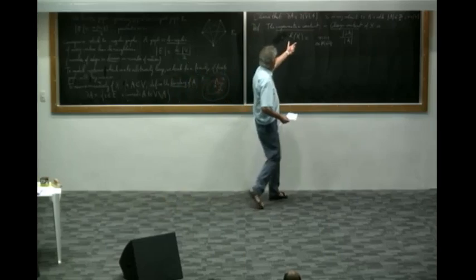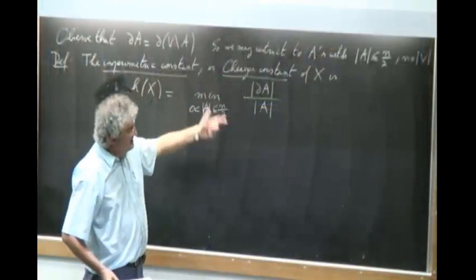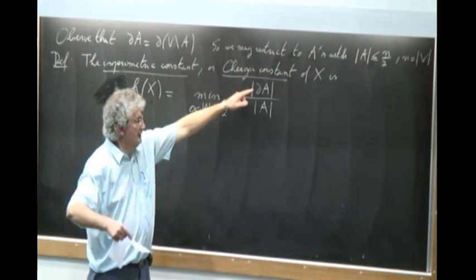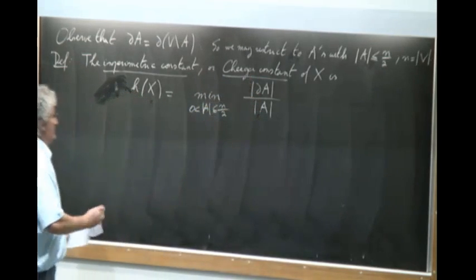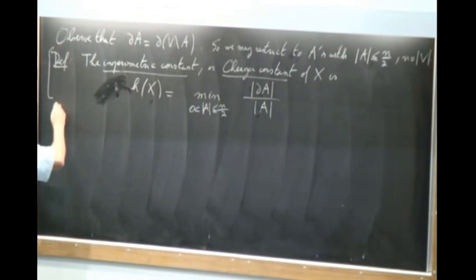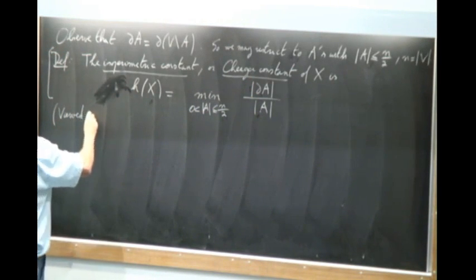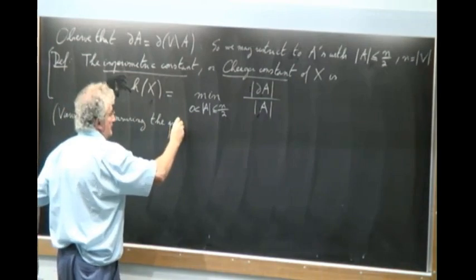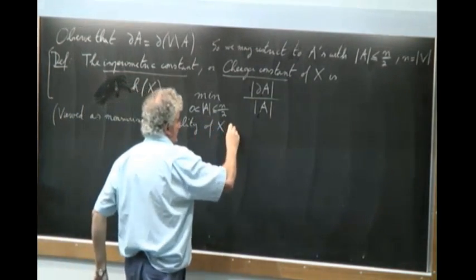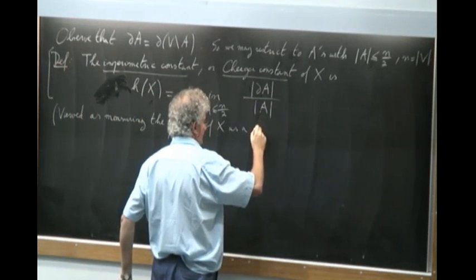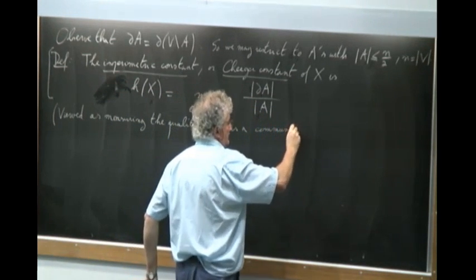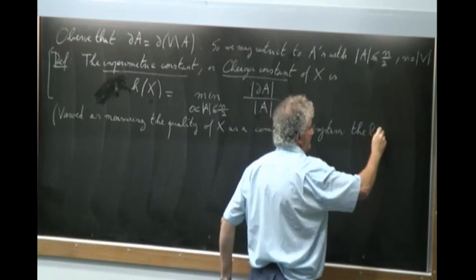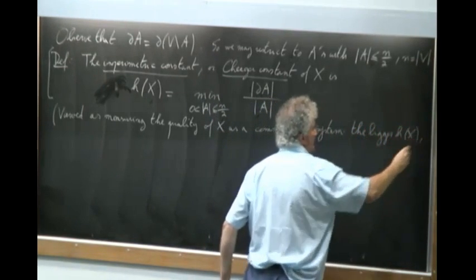Because if it's big, this means that for all sets of vertices, there are relatively a large number of edges connecting A to V minus A. So this is viewed as measuring the quality of X as a communication system. The bigger h of X, the better X.